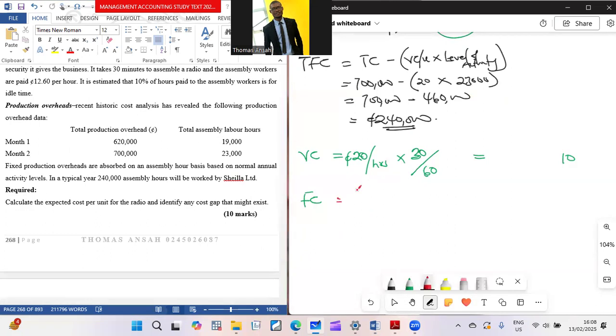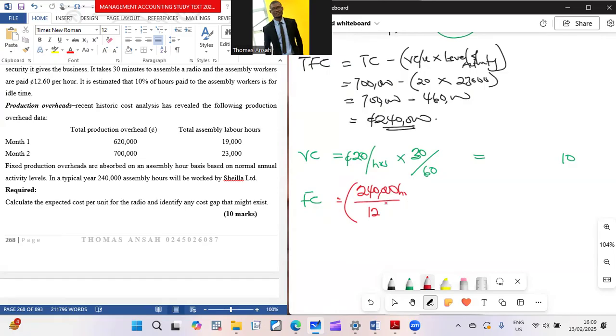So 240,000 divided by 12. How much will we get for a month? That would be 240 divided by 12.